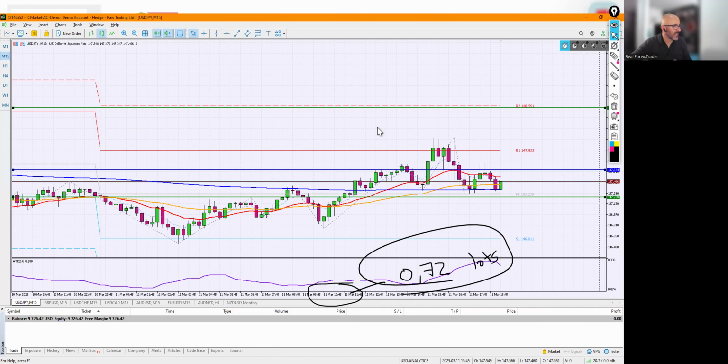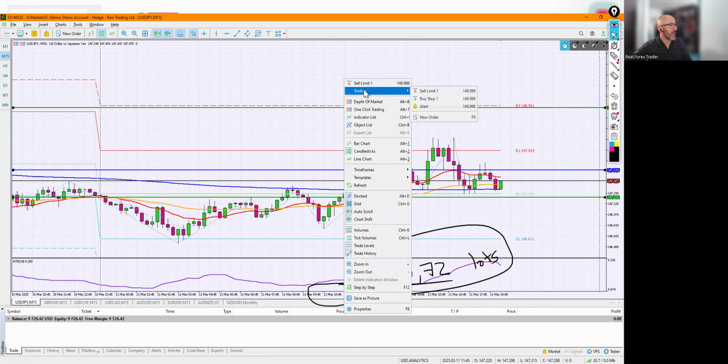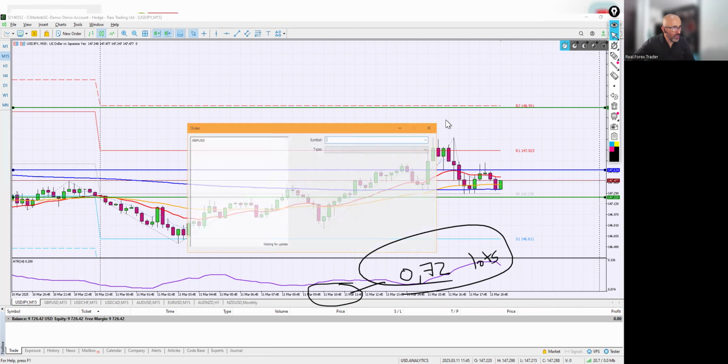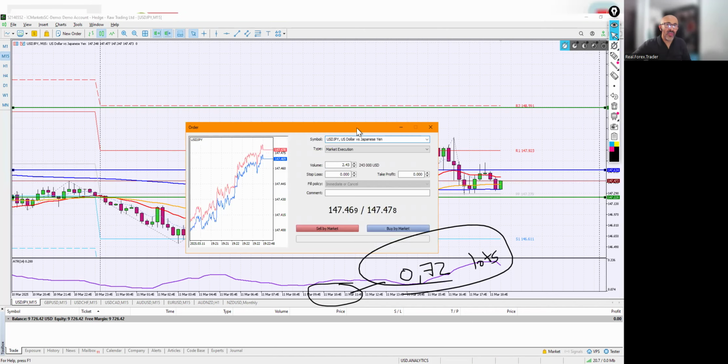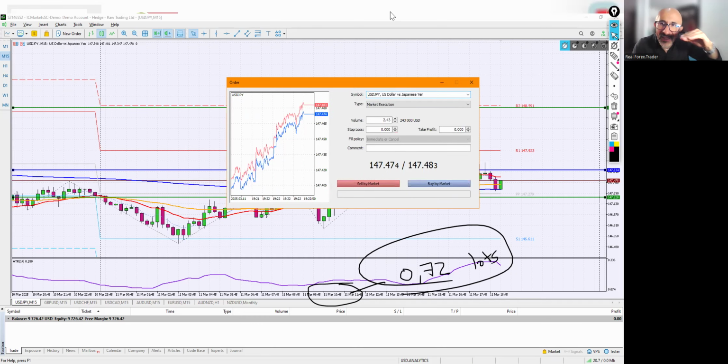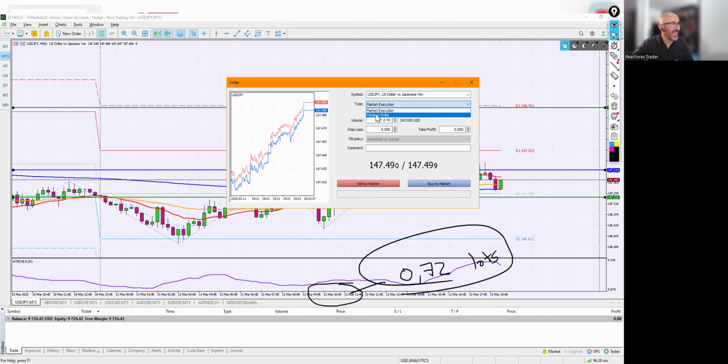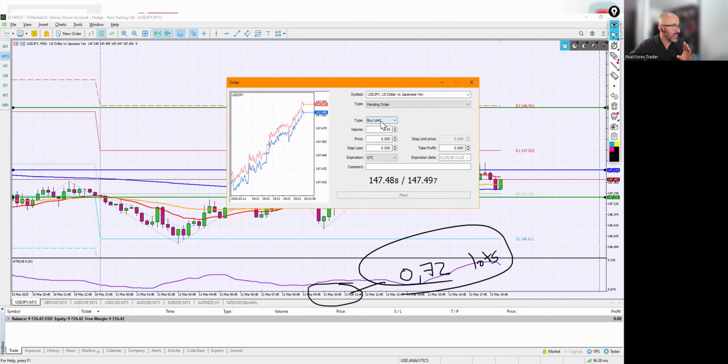So let's place it now. Okay. So I right click, trading, new order. Remember that we never trade directly with the market. We always set it not as a market execution, but as a pending order. And this pending order, because I'm going to buy above the current price, is going to be buy stop, because the current price is below, right?